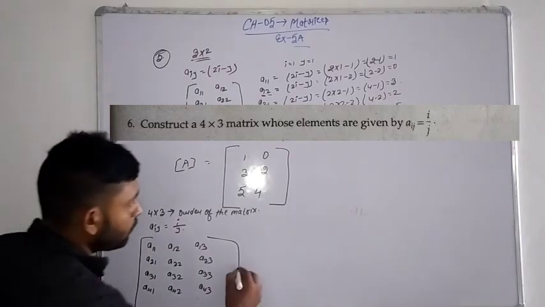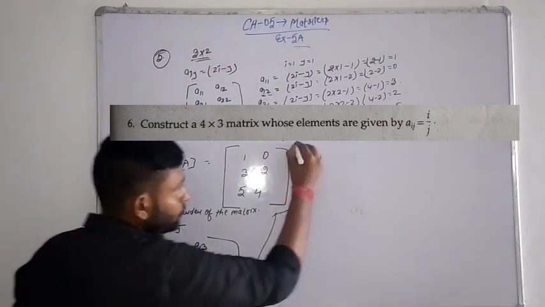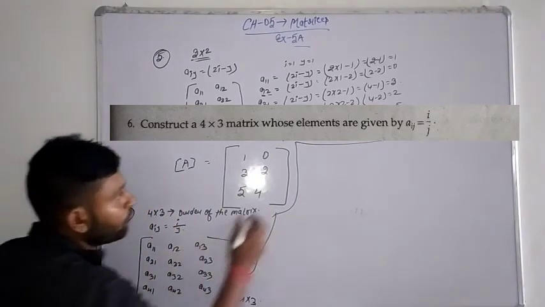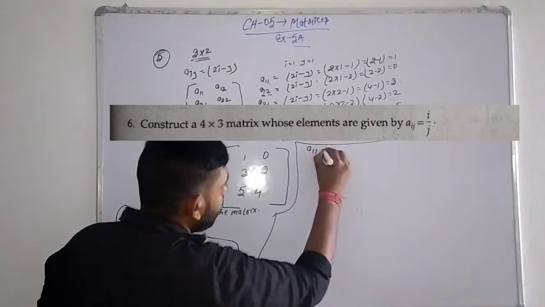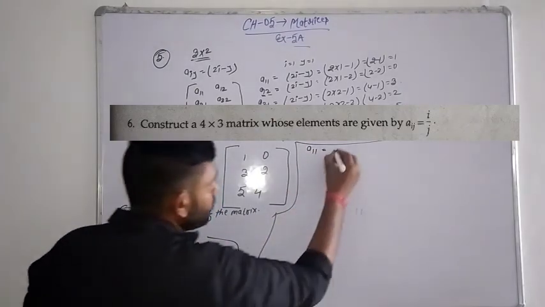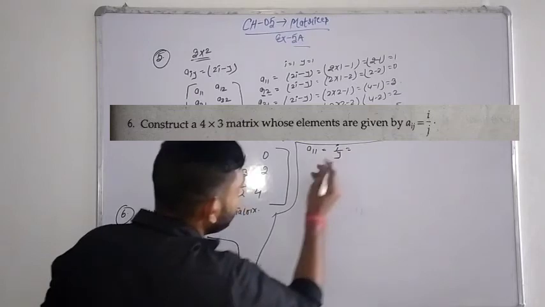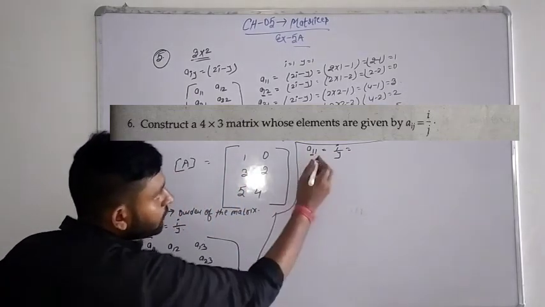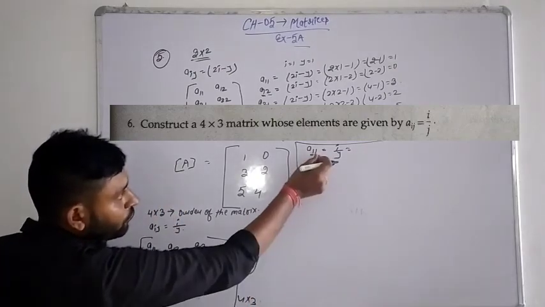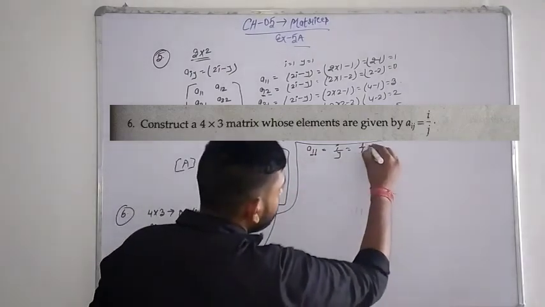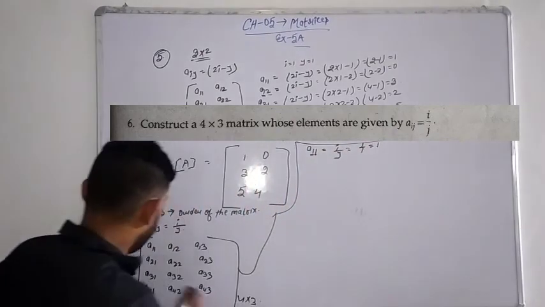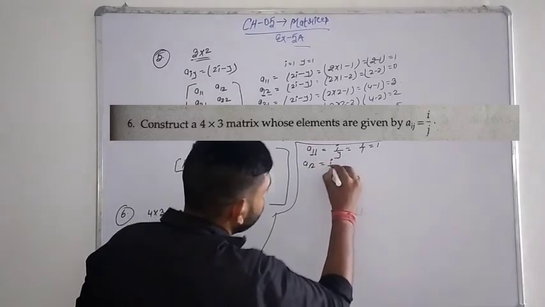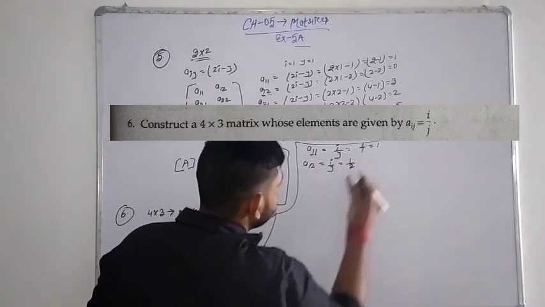So now we find the values of the elements. Suppose we find a11. a11, that means i upon j. And we already know the first term is the value of i and the second one is the value of j. So 1 upon 1 is equal to 1. a12 is equal to i upon j is equal to 1 upon 2.